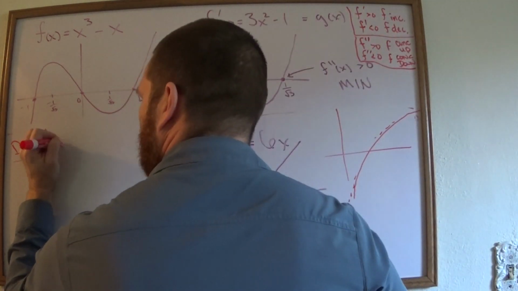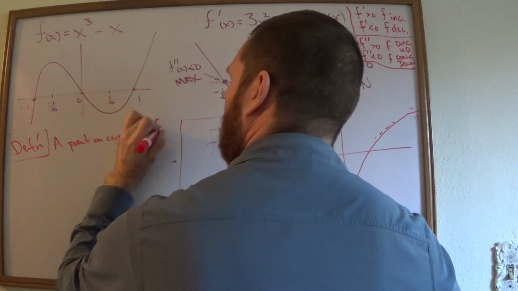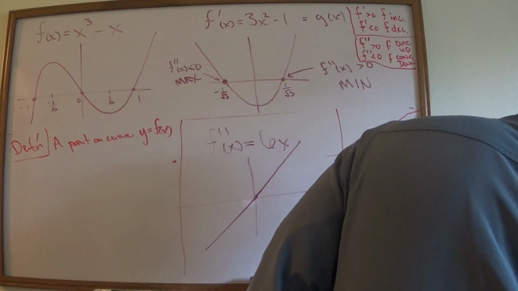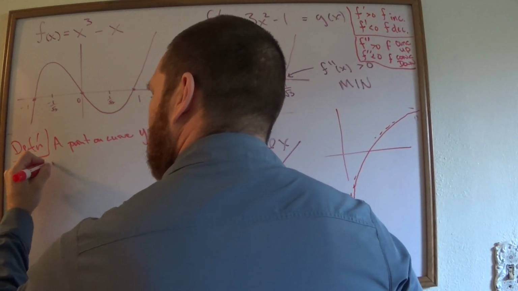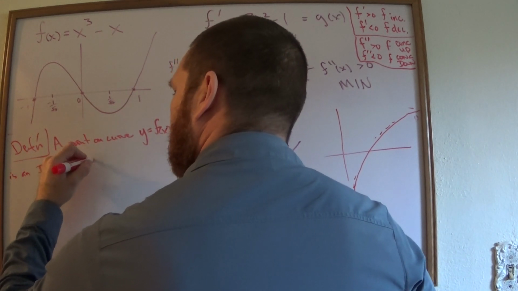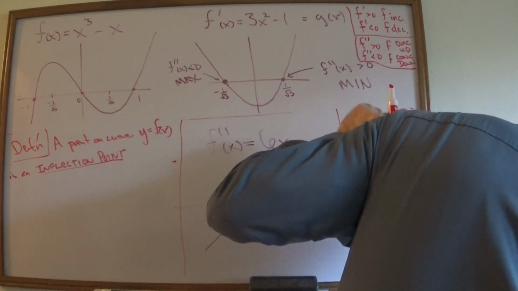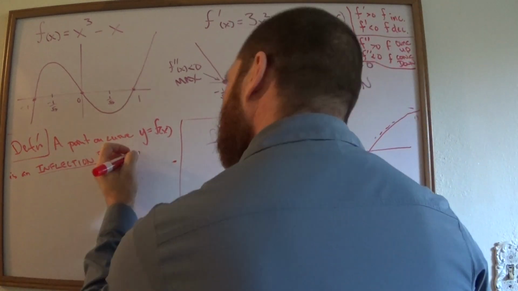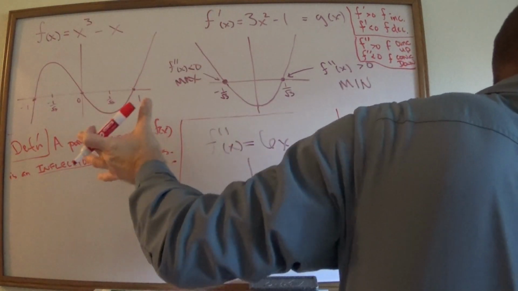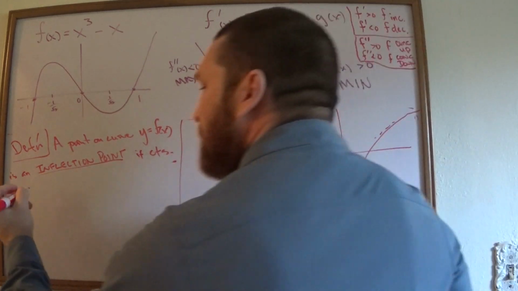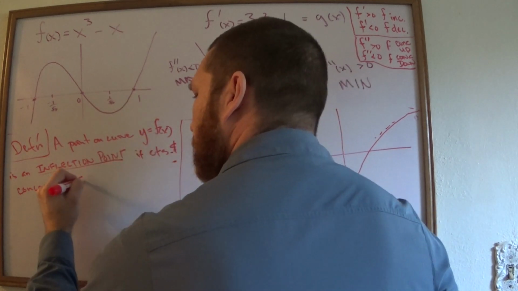A point on a curve y equals f of x, so you have some function and you're drawing the curve, is an inflection point if, first off, it's continuous, because all bets are off if it's not. Everything we've just been talking about is not necessarily true. And its concavity changes.